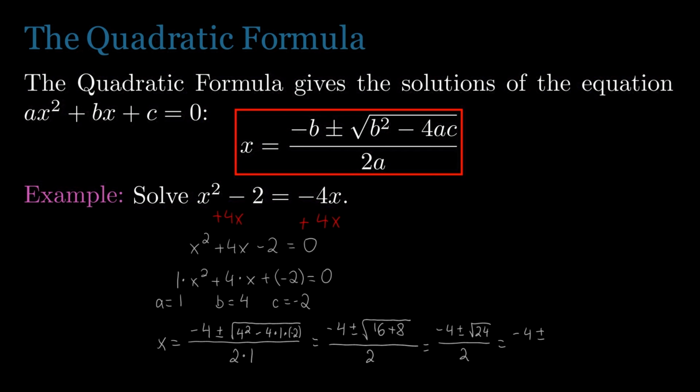Now, simplified radical. This is a square root, so we're looking for perfect square factors. And the largest perfect square factor of 24 appears to be 4, which is 2 squared. So it's the square root of 2 squared times 6 all over 2 still.